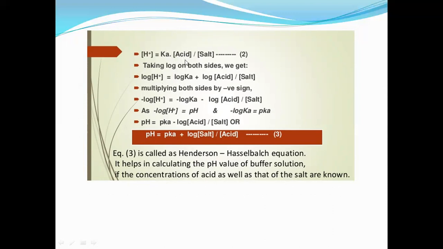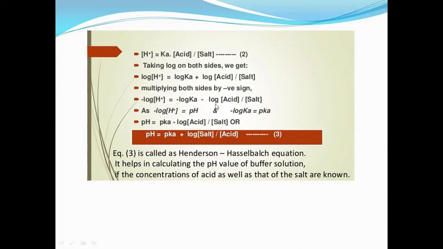This multiplication is converted into addition in logarithm, plus log acid over salt. Simplifying, multiply both sides by a negative sign, so we get minus log H is equal to minus log Ka.